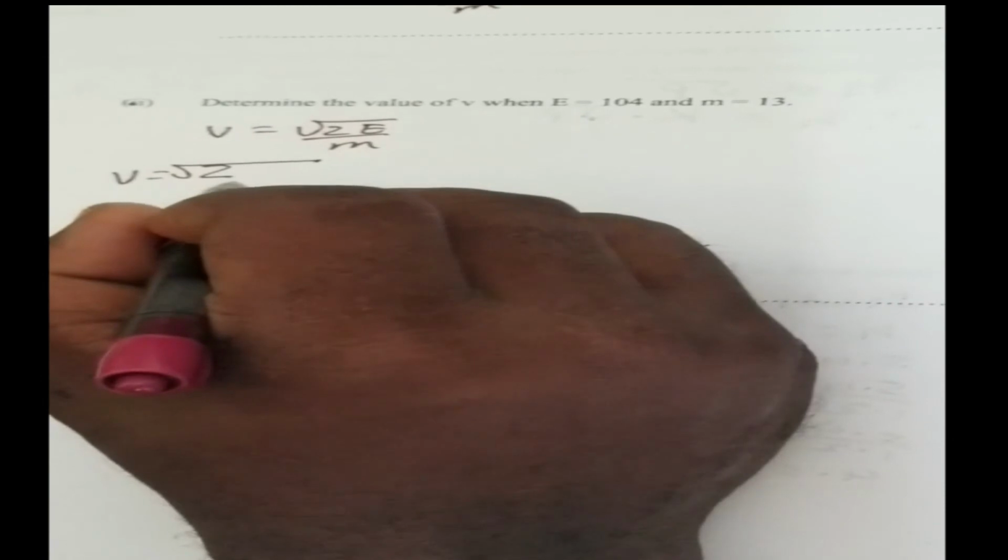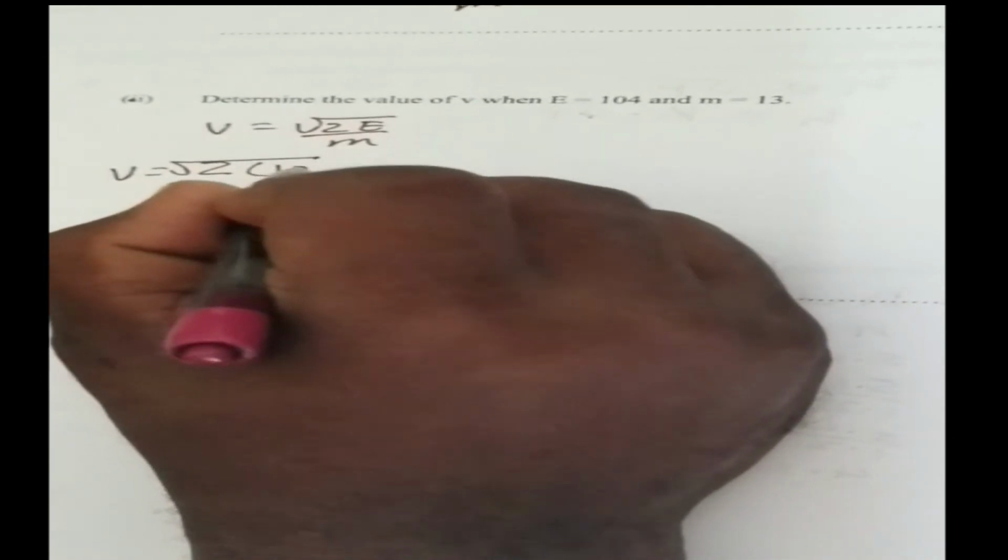However, so with that said, I'm going to rewrite it. So v is equal to the square root of 2e over m. It wants us to find the value of v when our e is equal to 104 and our m is equal to 13. So v is equal to the square root, our e is equal to 104, and our m is equal to 13.